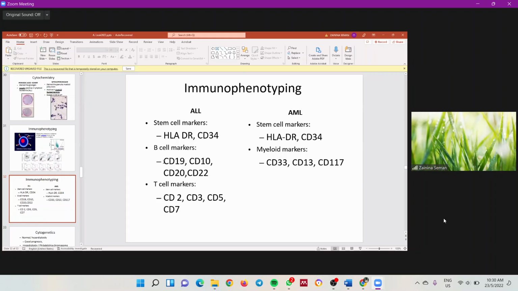If the patient has T-ALL, CD2, 3, 5, 7 will be positive, so the B cell markers will be negative. If the patient has AML, most commonly they will carry myeloid markers, consisting of CD33, CD13, CD117, and other myeloid markers. These are among the common markers we use in the lab to classify acute leukemia.